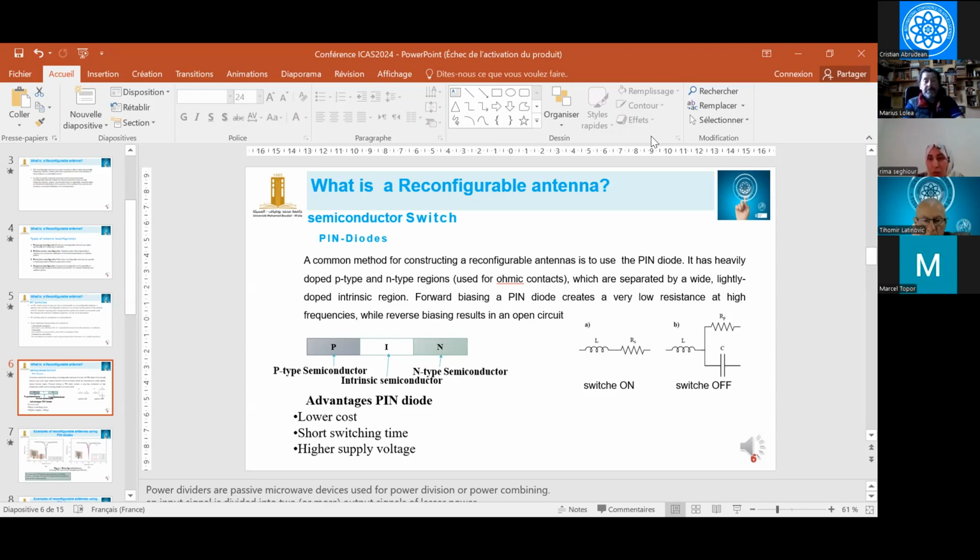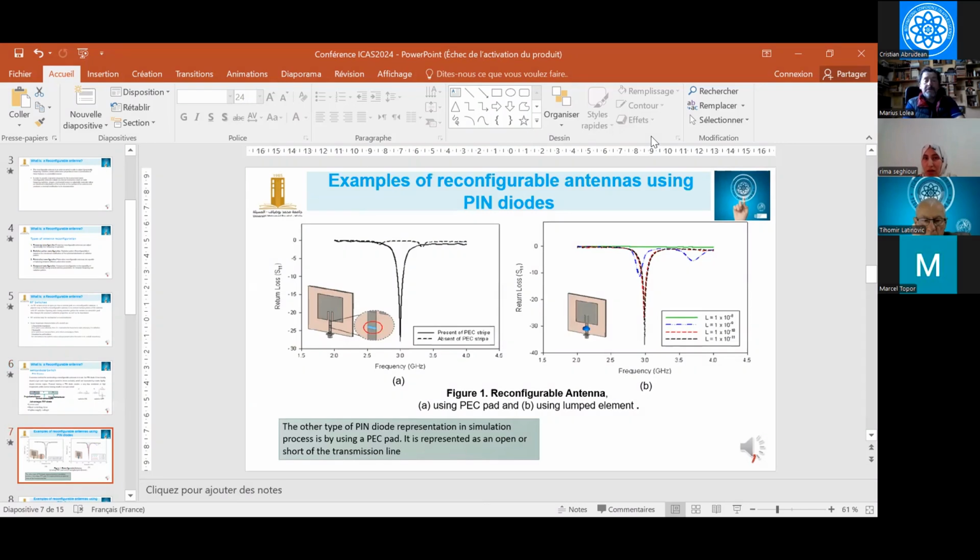Now we give some examples for a reconfigurable antenna using pin diode. Here in this antenna, we are using another type of pin diode representation in simulation by a patch pad.